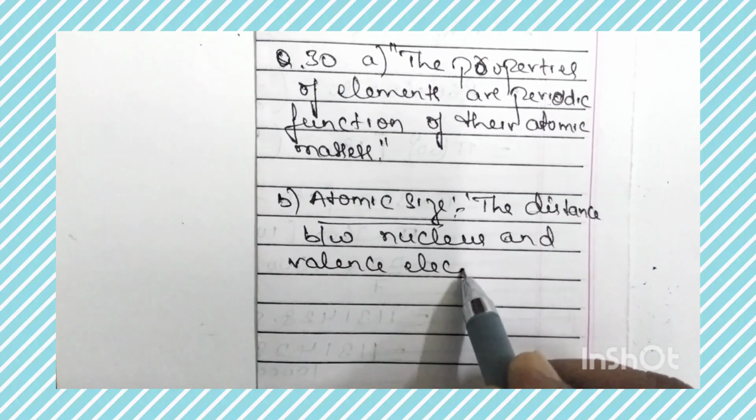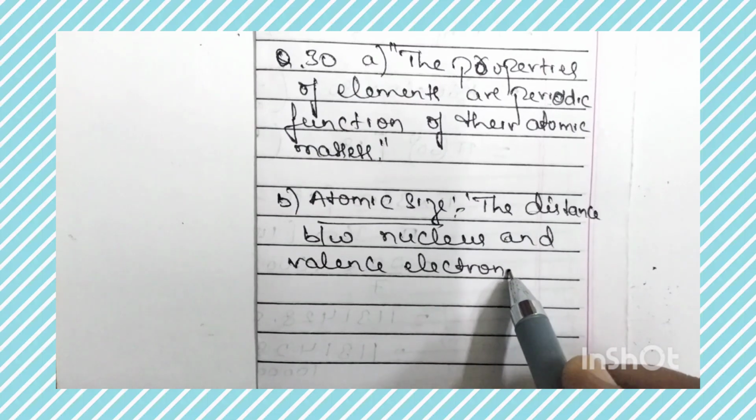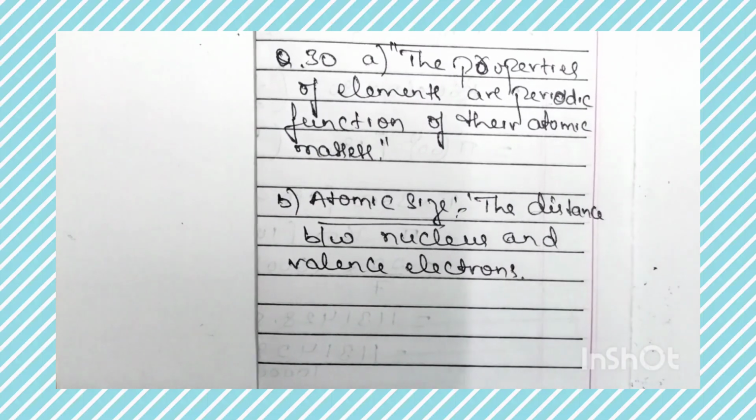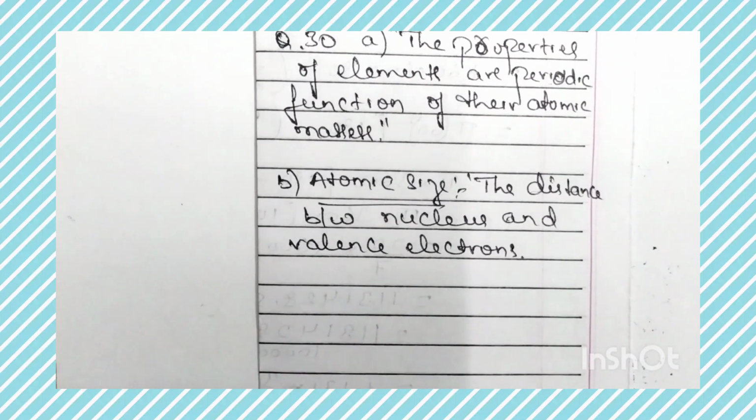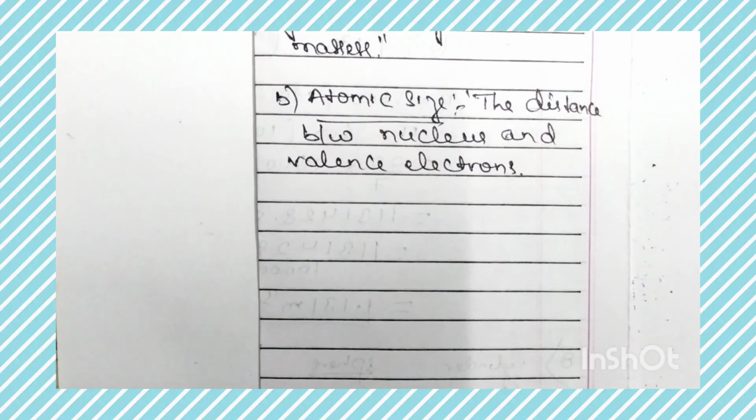So valence electron gu nucleus iruvantaha distance na we call it as atomic size. The distance between nucleus and valence electrons is called atomic size. So what happens as we move across the period?